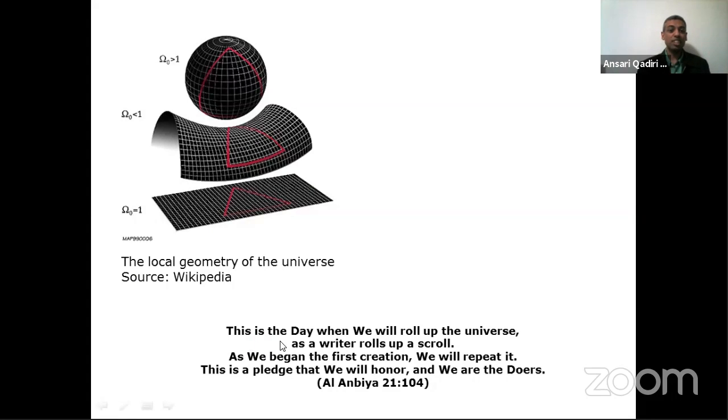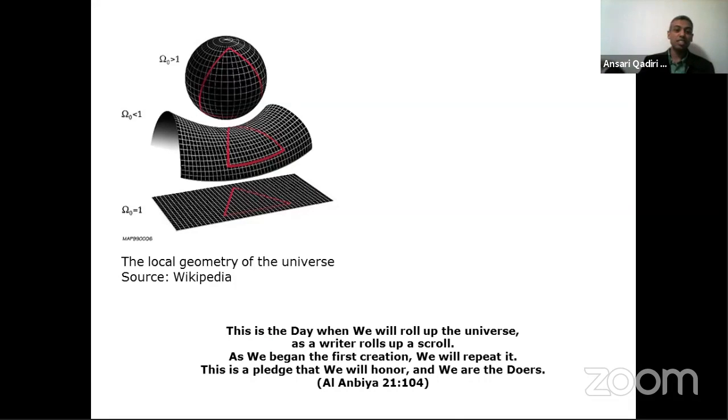The Quran is saying this is the day when we will roll up the universe, the sama, as a writer rolls up a scroll. Now let's stop here. What does this mean? Anyone can understand how we roll a scroll. It's like a paper. Like this paper, it was rolled and now it looks like a cone. We can play with this. And this is a very simple description of how the universe will end.